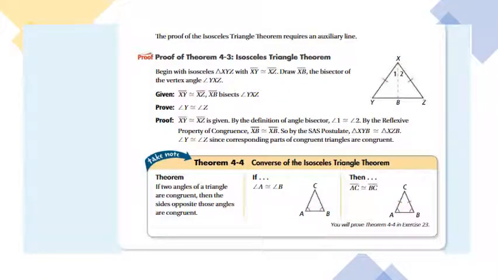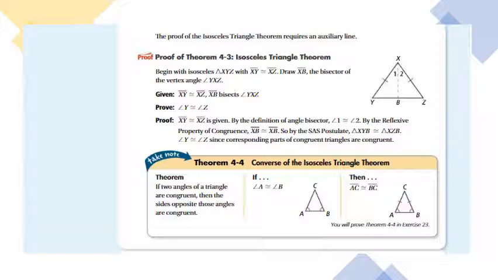Let's see next. Here, prove the theorem. Look at this triangle. Here, they gave you that this side is congruent to this side. And XB, they wrote it here, given XB bisects the angle YXZ.